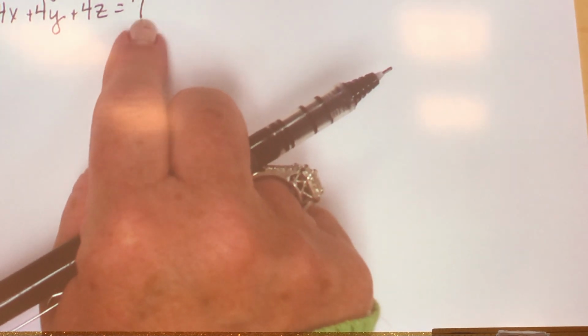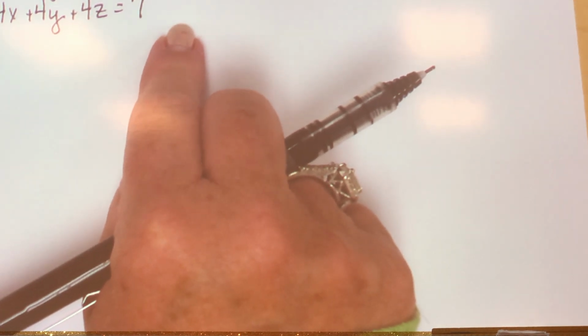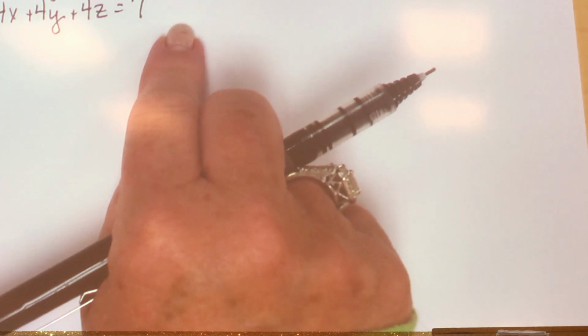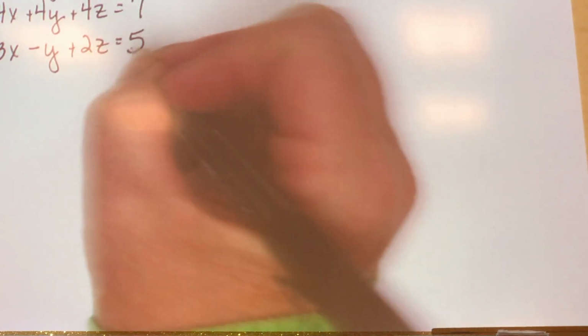I would have divided everything in that equation by 4 and made my equation nicer. You don't have to, but the smaller I can keep my numbers, the better off I'll be. All right, here's your last one. 3x minus y plus 2z equals 5.